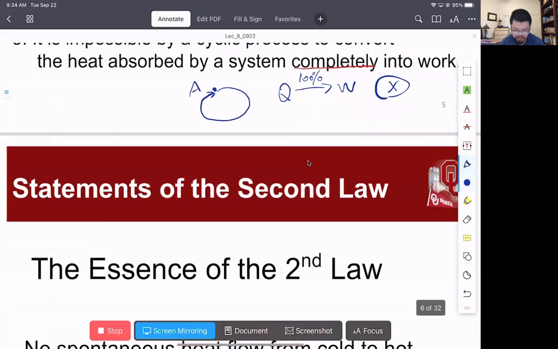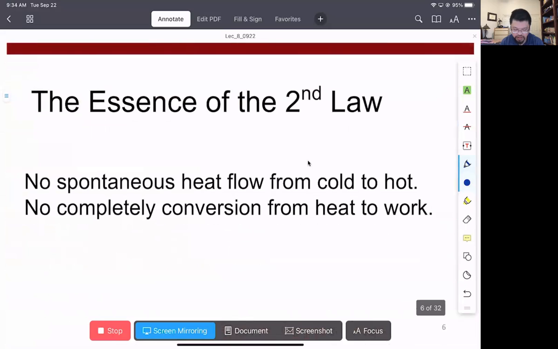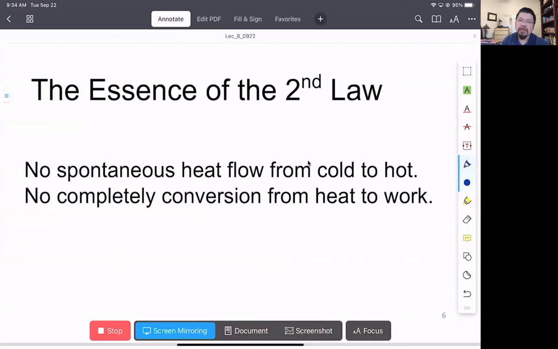Let's try to see what would be the very basic understanding from the second law of thermodynamics. So basically it says no spontaneous heat flow from cold to hot. So pay attention to the word spontaneous. In some other cases, if you are willing to assist, then of course we are able to transfer heat from cold to hot, like we are always using the refrigerators, right?